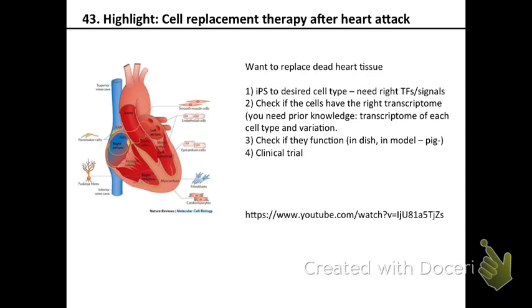And to know what that right cell type is, you need to know what the transcriptome of each cell type is in the cardiac cells. So these are the types of experiments that are ongoing, and people are actually starting companies to do this kind of work, right? So at some point, we're going to get cells into our hearts to replace our bad tissue, which will be good.